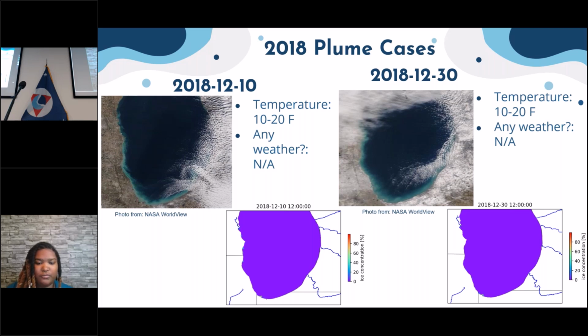There was also basically no ice cover as well. And these are the satellite images I got from NASA Worldview that show the plume events. And you can see that the plume events are basically the light blue areas around the edges of the picture.